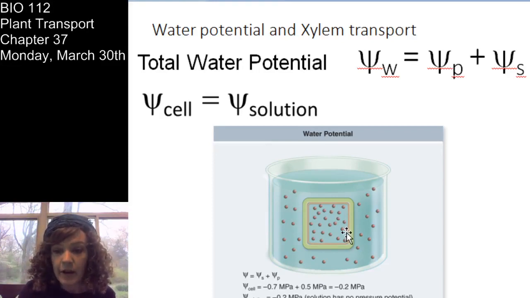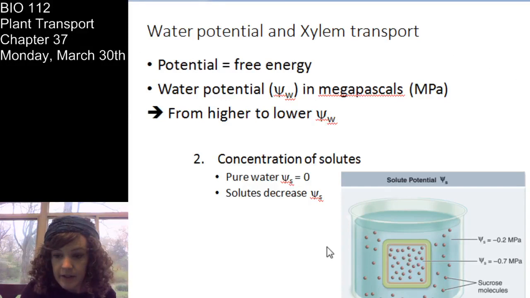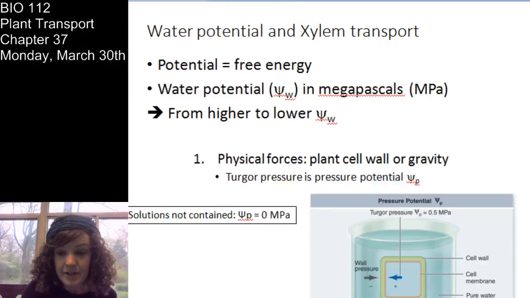So here you have a plant cell. The pink is the membrane. The green is the cell wall. And just recall from before, so negative 0.7 megapascals. I told you water will move until the potential of the cell is equal to the potential of the outside solution. So here is the solute potential in the cell, negative 0.7 megapascals.